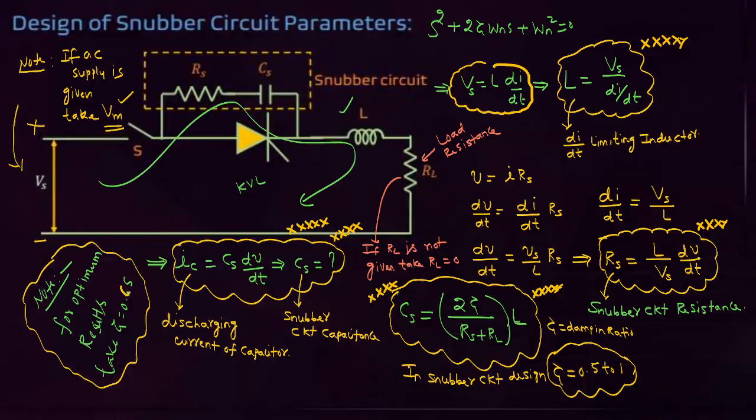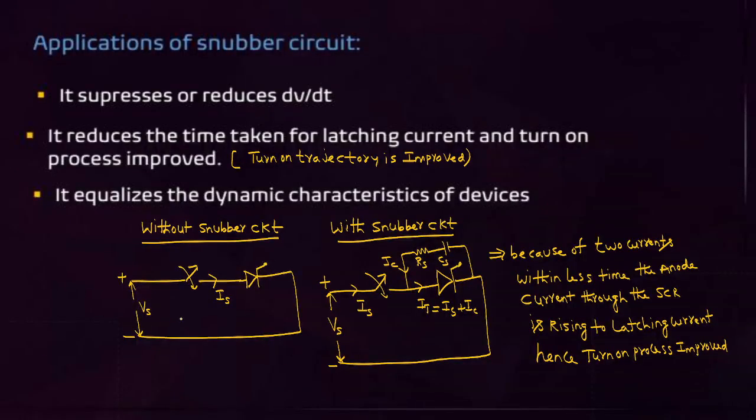Generally, what is the range of damping ratio in a snubber circuit? 0.5 to 1. If they don't give any zeta value to design the snubber circuit parameter values, then take zeta equal to 0.65.